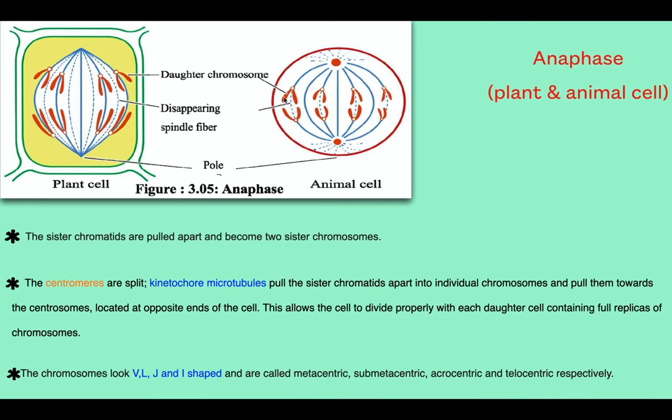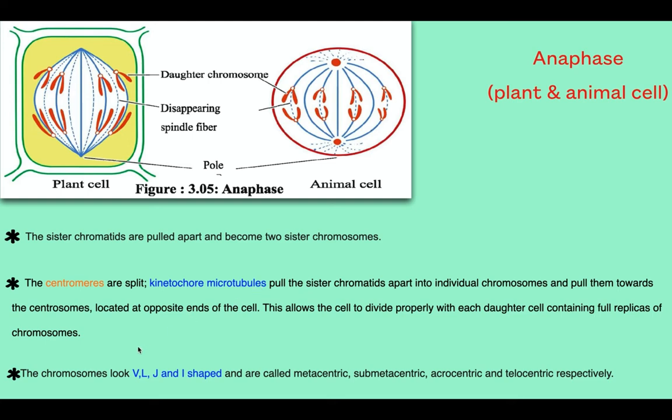They were called sister chromatids, but now we shall call them daughter chromosomes or sister chromosomes. Sorry, they are traveling towards the pole, the centrosome there. Okay, so this travel again is controlled by kinetochore microtubules.